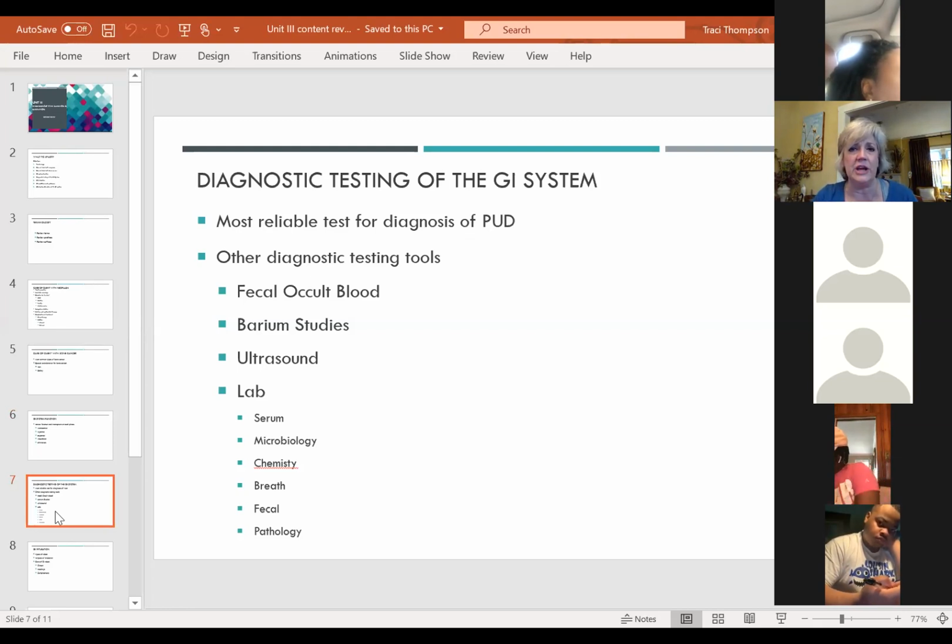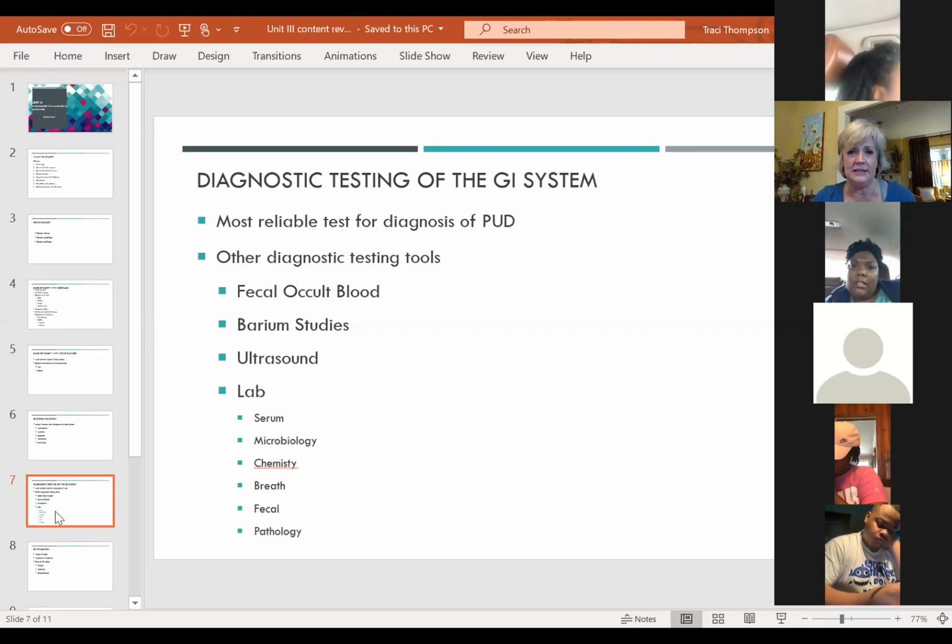Prior to checking it for blood, we want the patient to abstain from any type of anticoagulants prior to this test. We may also want them to stop their iron supplement about 3 days ahead of time. So make sure that you know the guidelines for getting a good fecal occult blood stool specimen, such as make sure they stop their Coumadin a couple of days ahead of time, and that they stop their iron and fresh fruits and vegetables, and no red popsicles.